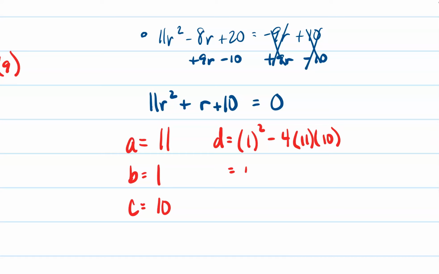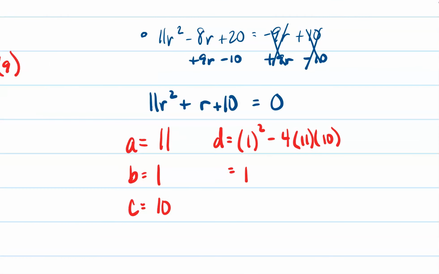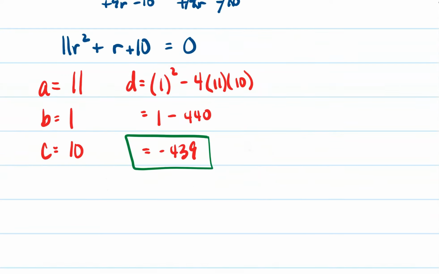We've got 1 squared, which is 1, but now I'm going to subtract 4 times 10 times 11, and that comes out to be 440. So we have 1 minus 440, or in other words, negative 439.